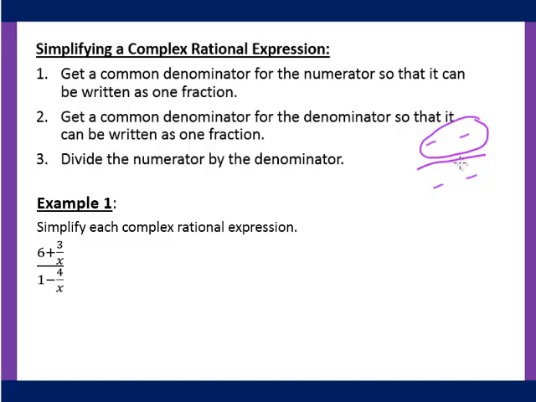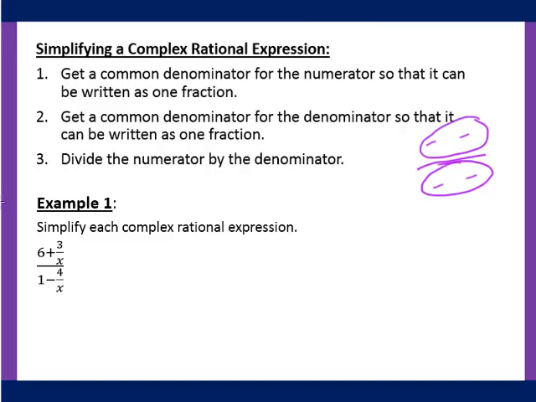Then we get a common denominator for the denominator so that it can be written as one fraction. Then we divide those, because a fraction over a fraction is division, so we divide like we did in section 6.1, and then we simplify and be done.